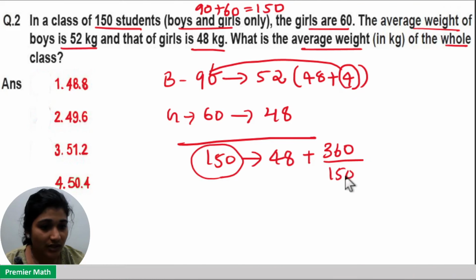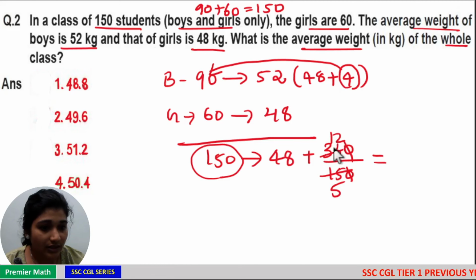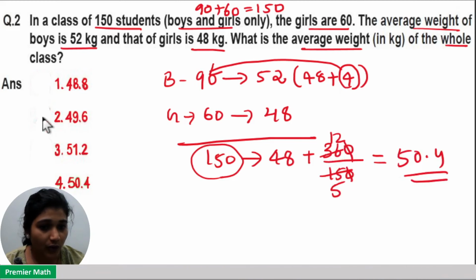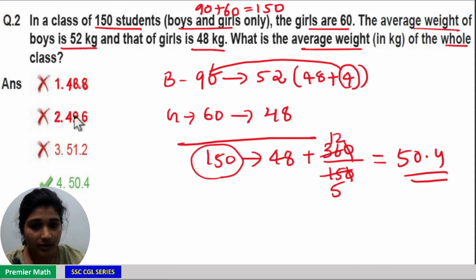So 360 by 150. 48 we have already taken. Now 3 goes 5 times in 15, 12 times in 36. 12 by 5 is equal to 2.4. So 48 plus 2.4 is equal to 50.4. Option 4 is your answer. Average of the class is equal to 50.4 kg.